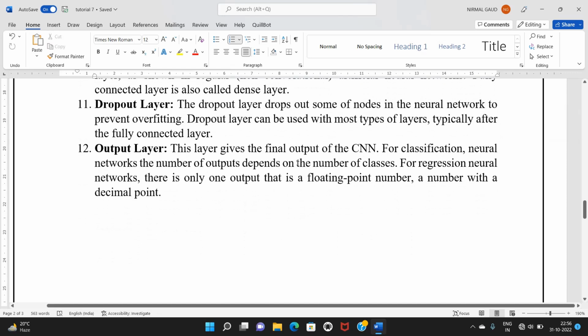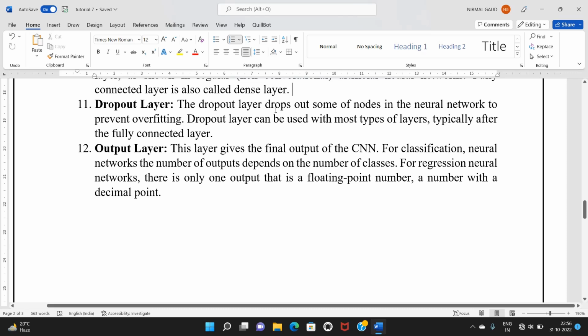The next one is the dropout layer. For example, it may happen that while training your model, the accuracy keeps increasing further.